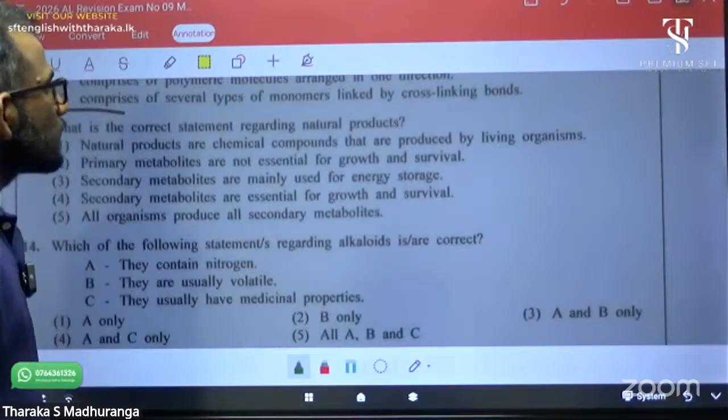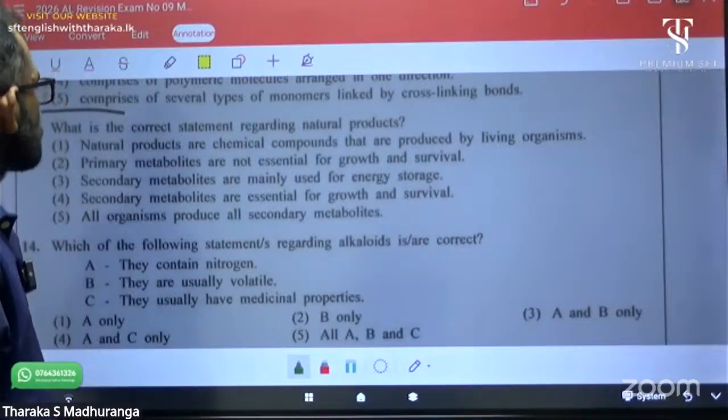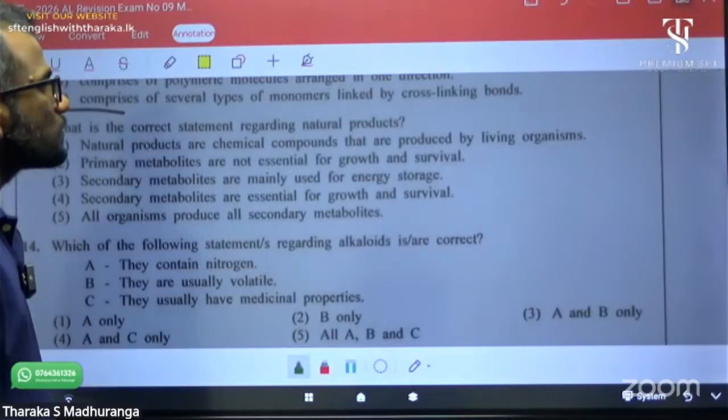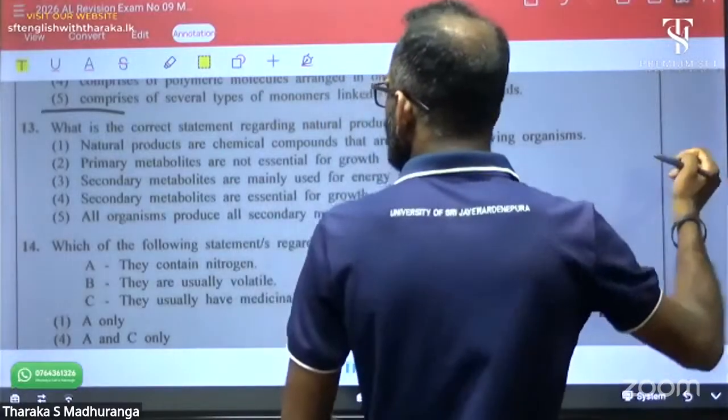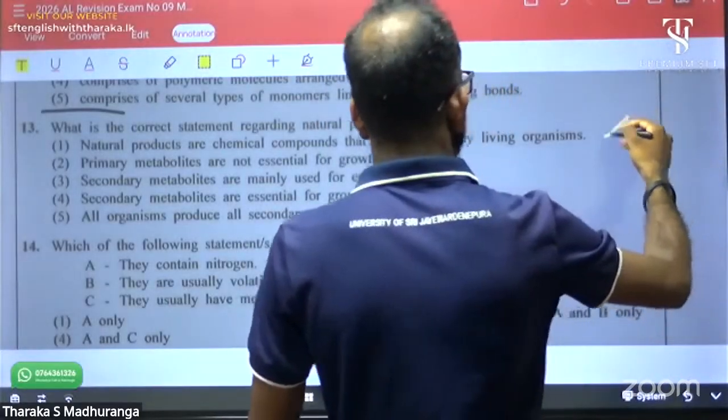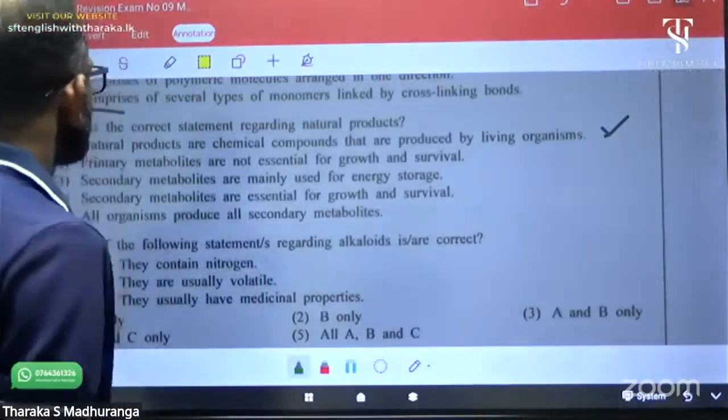What is the correct statement regarding natural products? Natural products are chemical compounds that are produced by living organisms. Yeah, that's the definition.